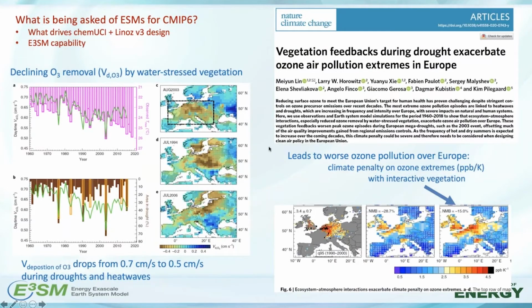This one is interesting and more related to the BGC: we can actually find observational evidence of the vegetation feedback on the tropospheric air pollutant. When there's a drought, the vegetation will be suppressed and reduces the dry deposition of ozone to the surface, and that will make the air pollution worse.